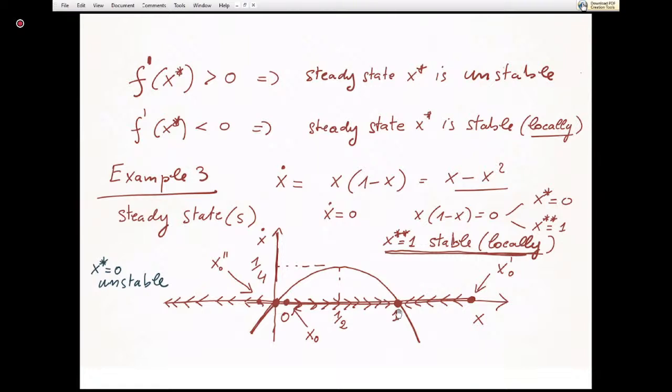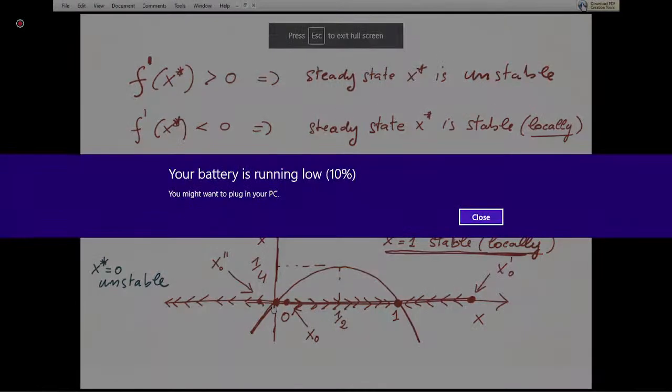So you don't need any more comments, because this is already what you know. This is stable, but only locally in principle, because if we start from the left of 0, the movement is towards another direction. But if we start from the right, the movement is towards 1. If we start at 0, the system will remain at 0.